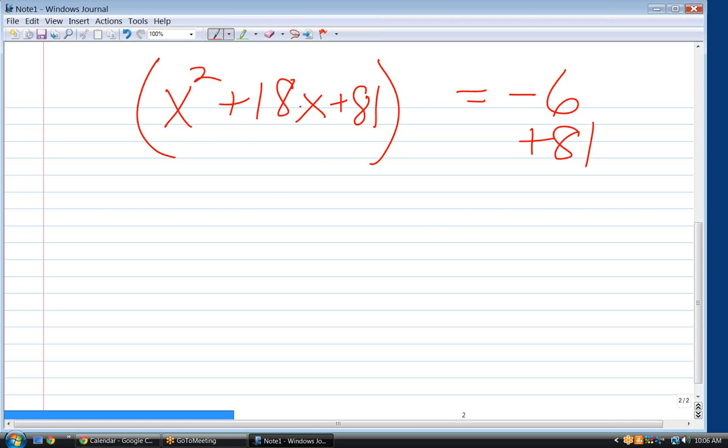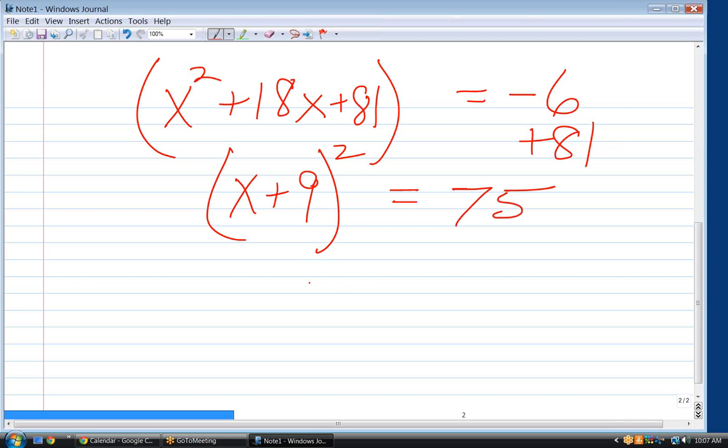Rewrite as the factors, so x plus 9, squared. It's always whatever you got when you took half of that middle term, squared. And then 75.